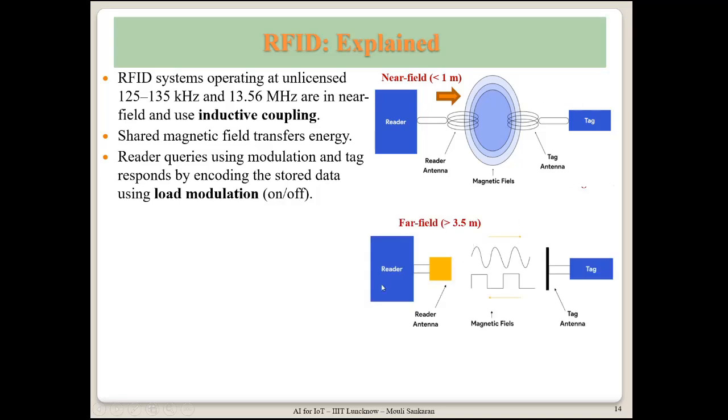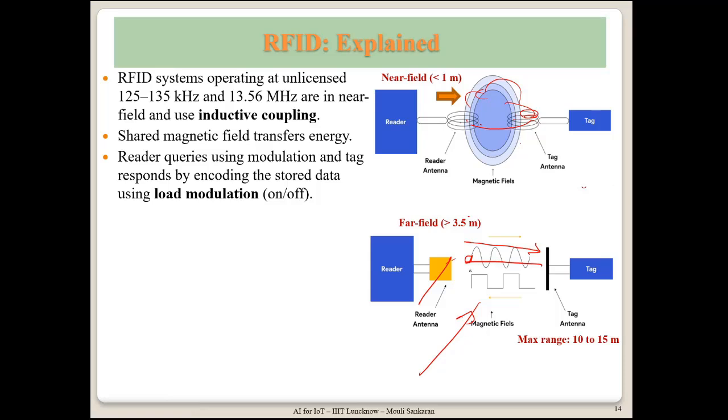Far field is where the distance between the reader and the tag is more, 3.5 meters or more. Here, these devices may have passive or active tags. The difference between near field and far field is that this uses radar technology. Whatever signal is sent is reflected back here, whereas in near field it is induced and then it sends back changes to the signal.